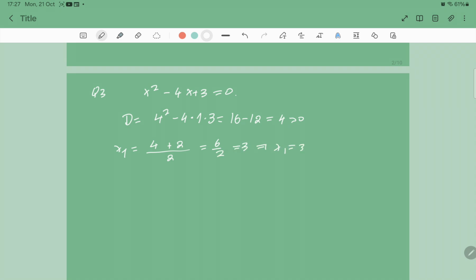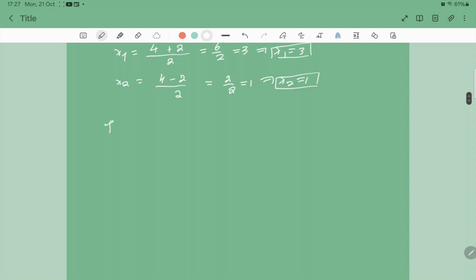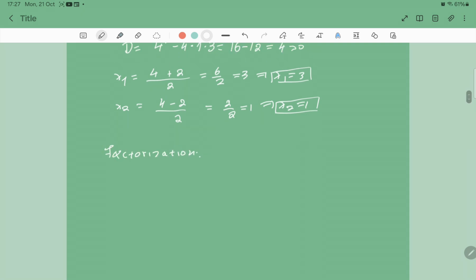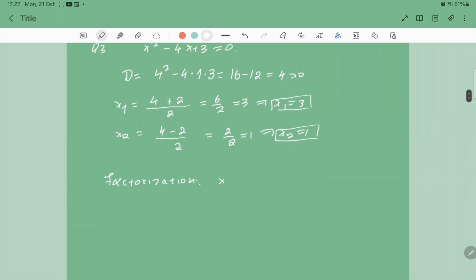So my x1 is equal to 3. x2 equals 4 take away 2 divided by 2 equals 1. x2 is equal to 1. Factorization. x squared minus 4x plus 3 equals 1 times x minus 3 times x minus 1, which is x minus 3 times x minus 1.